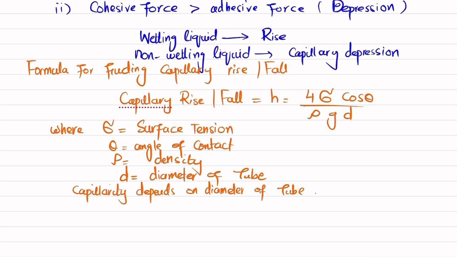Now in this equation we have theta, which is the angle of contact, and how will you find this angle of contact? So let's analyze this. Let's take a container, having fluid, and there is a vertical tube. This is the tube having diameter d, and this is the level of fluid in the container.